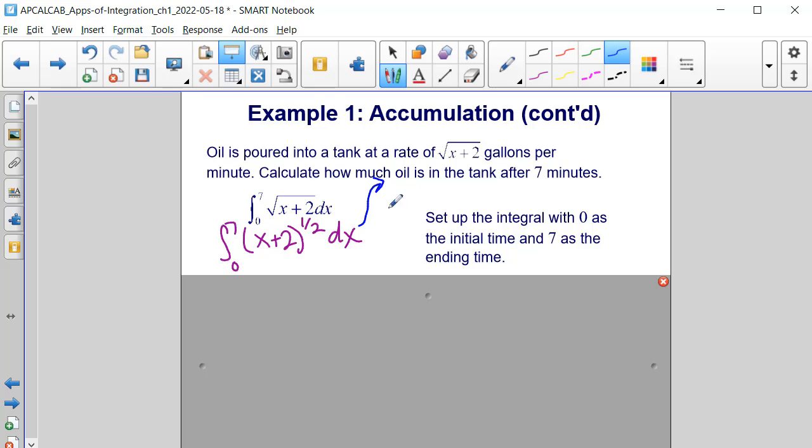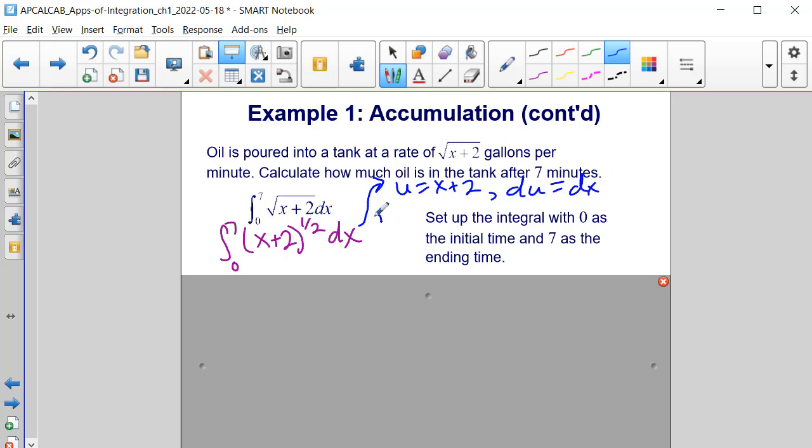I'm going to show those steps here, but it can also be done a little bit more directly. So if I use substitution, I'm going to let u equal x plus 2, or the expression that's in parentheses. And then du is going to be 1 times dx, or just dx.